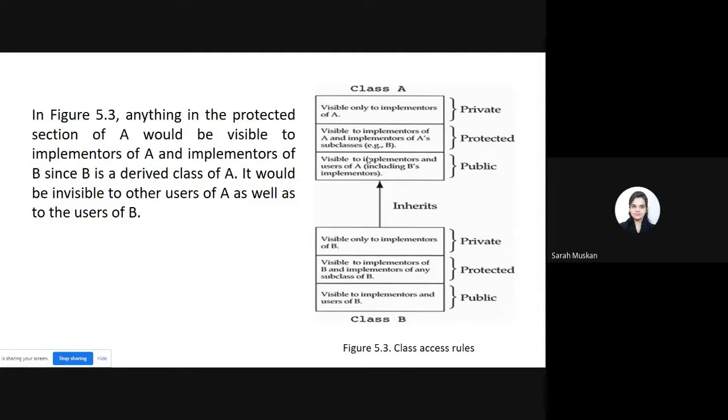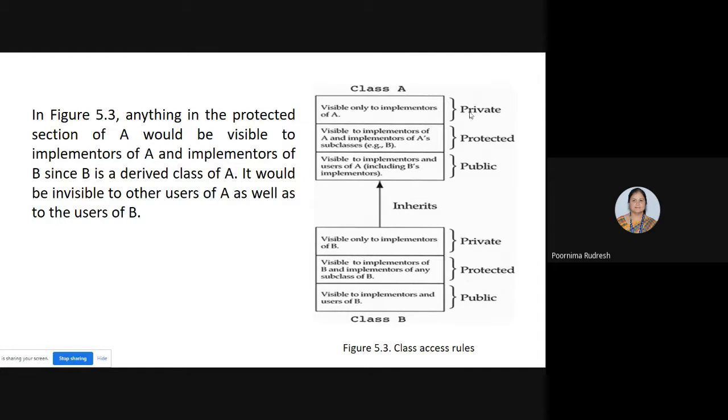Yes, ma'am. Okay, now I am explaining about the accessing rules. So here we are talking about private, protected, and the public. When it is declared as the public, then public is available to the implementers as well as to the users. Okay, and if it is declared as private, then the private area is available only to the implementers.